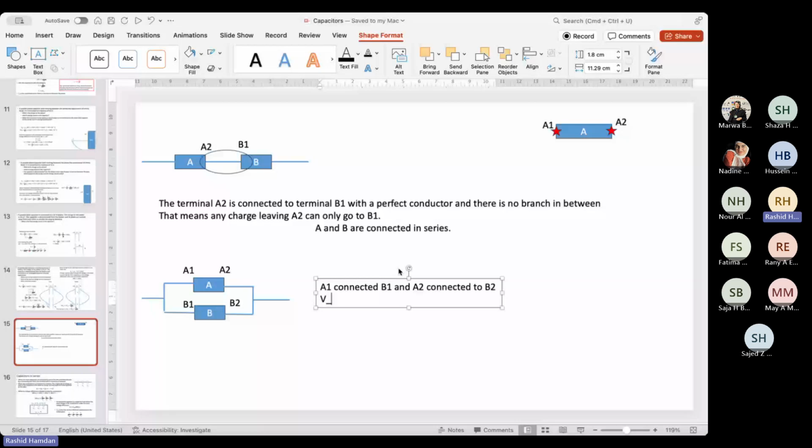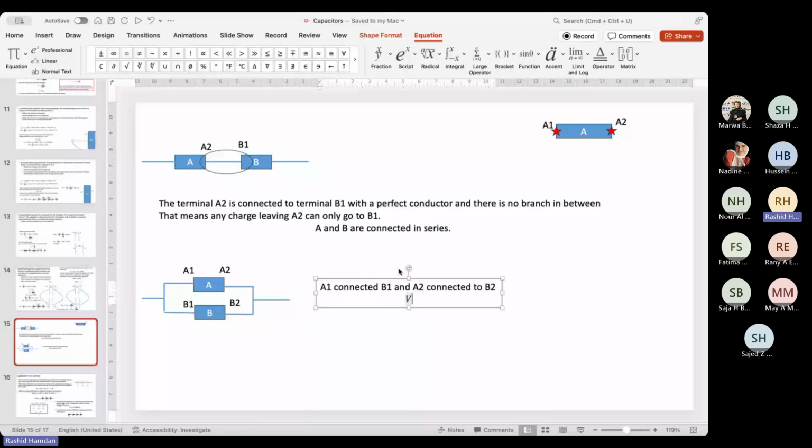Let's open an equation. Voltage at A1 is equal to the voltage at B1 because there's a wire between them.